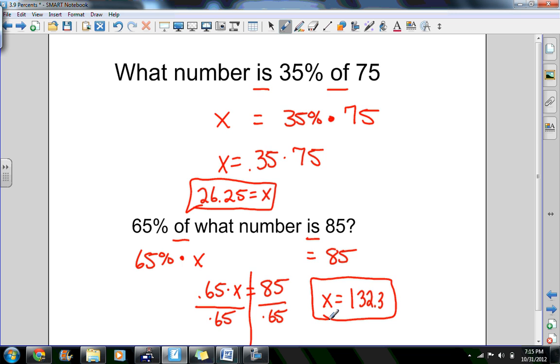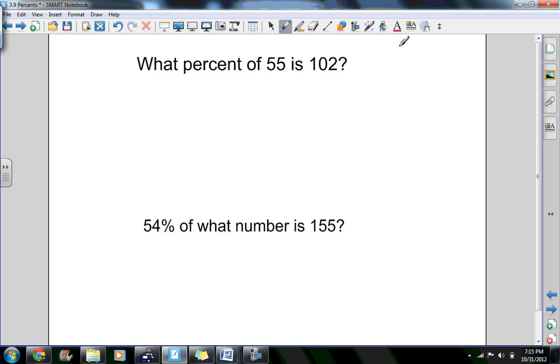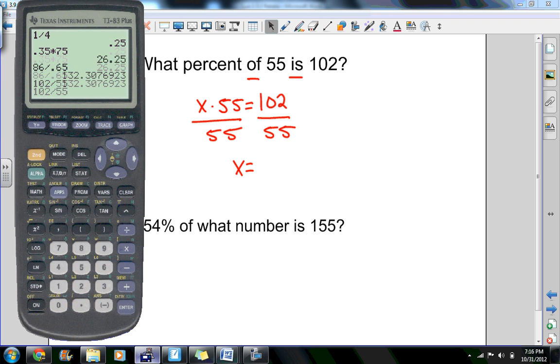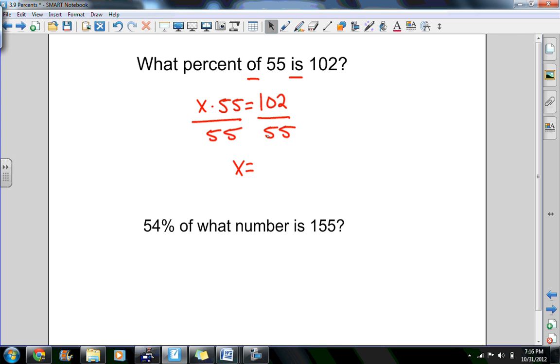Pretty straightforward stuff. You try these on your own. Okay, so for this one, of and is, so we get x times 55 equals 102. We divide by 55 on both sides, and we get 1.85.